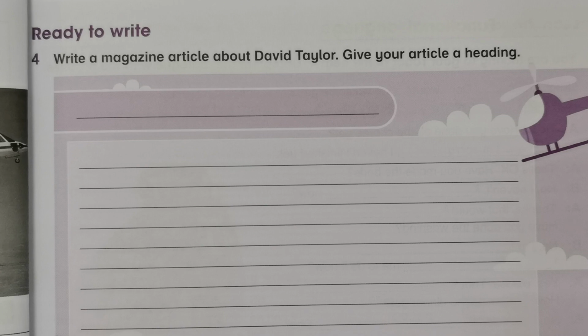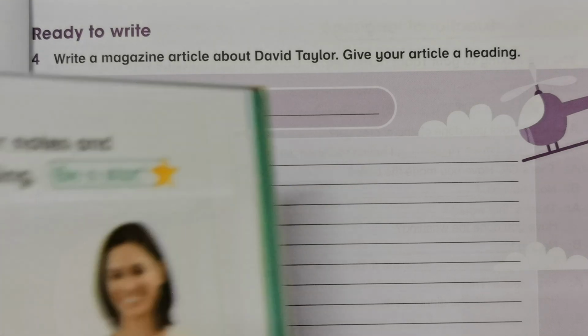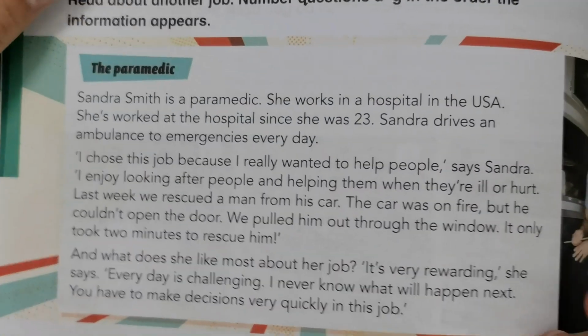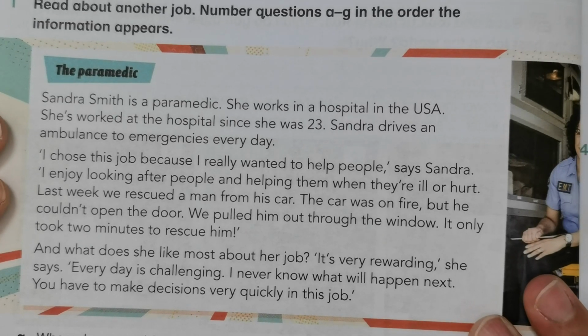You will need to use information on page 44, and you may refer to the Pupil's Book, page 54. As you can see here, this is a very typical magazine article.